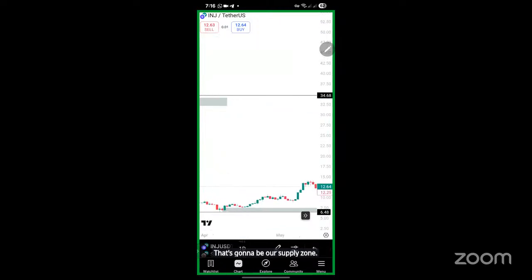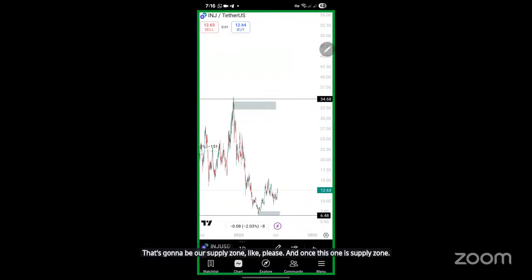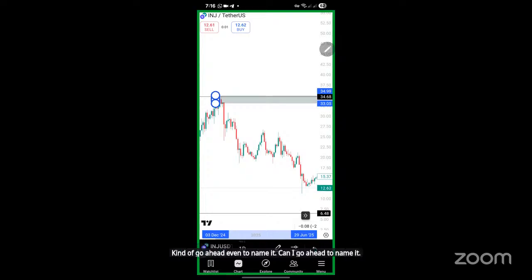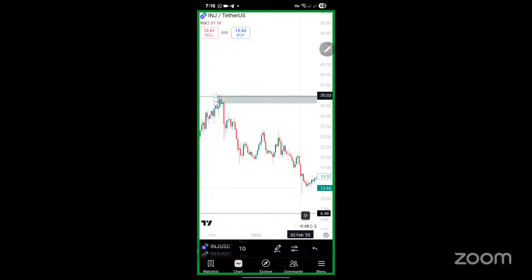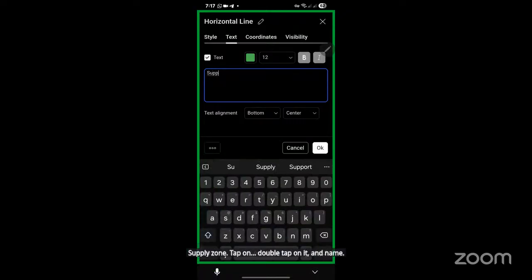Now, that's going to be our supply zone like this. And once this one is the supply zone, you can go ahead even to name it. Double tap on it and name it supply zone.